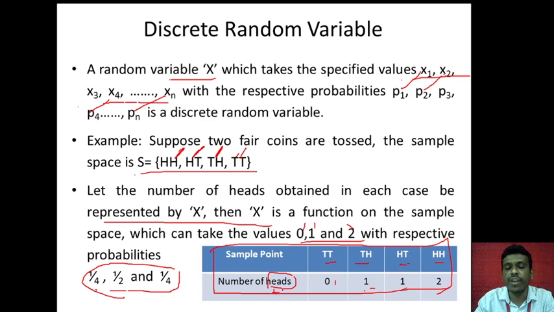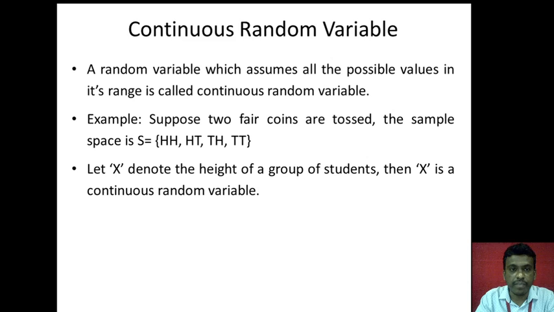If you want, you can count the number of tails, but in this case we are just finding the number of heads. A similar problem you can do for the number of tails also, and it will be just reverse. It will give you values 2, 1, 1, 0. Okay, so this is about discrete random variables. You have whole number values here.